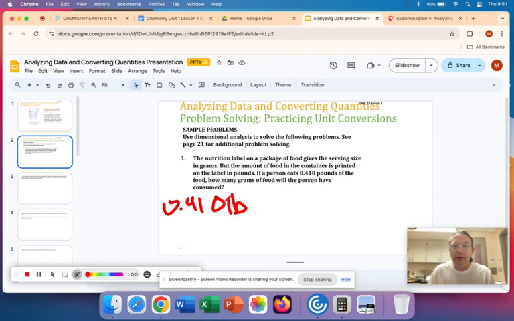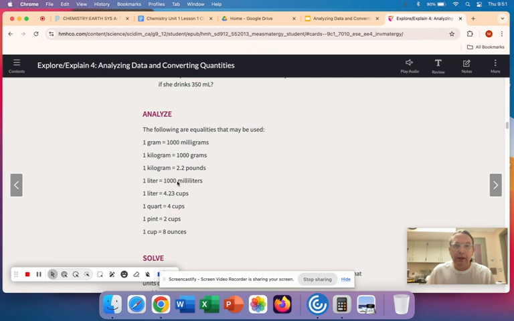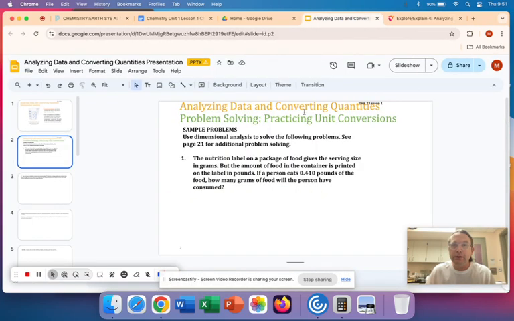Sorry. Pounds times, we'll figure out how many kilograms it is first. 1 kilogram is 2.2 pounds.